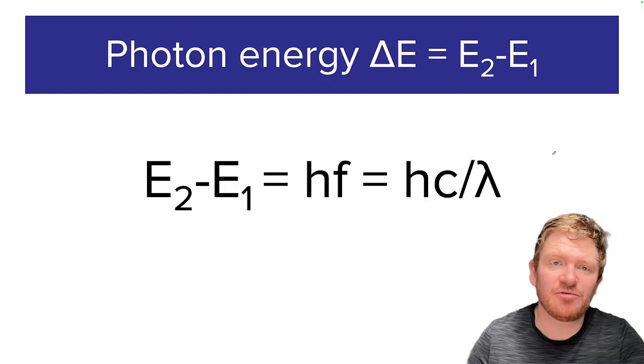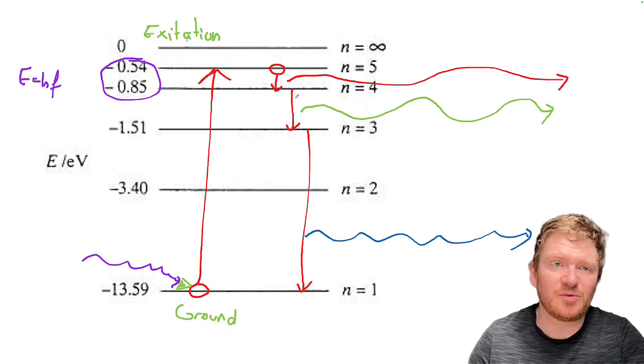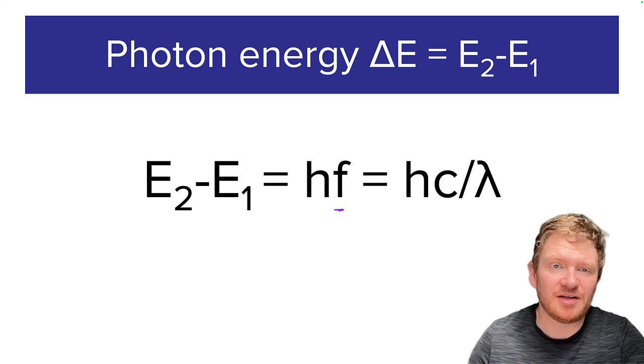We typically write that using this equation: the difference between these two energy levels is hf, which again is hc over lambda. So when you're given a spectrum, and a typical question will give you something like this, you can say that in order to go from one energy level to the next, I find the difference in energy between them, and that gives me the required frequency.